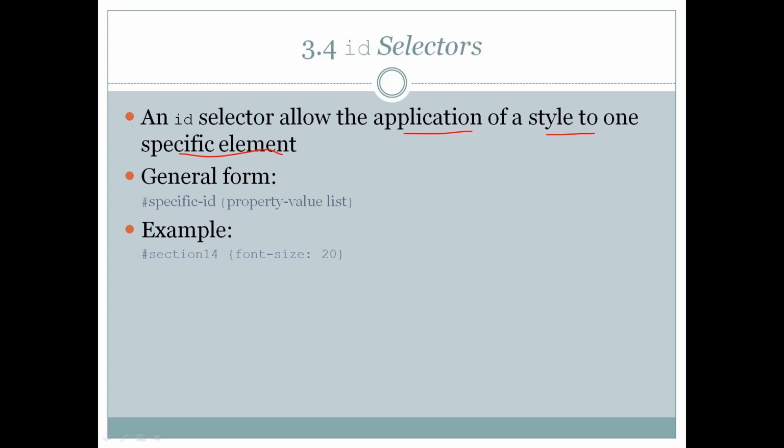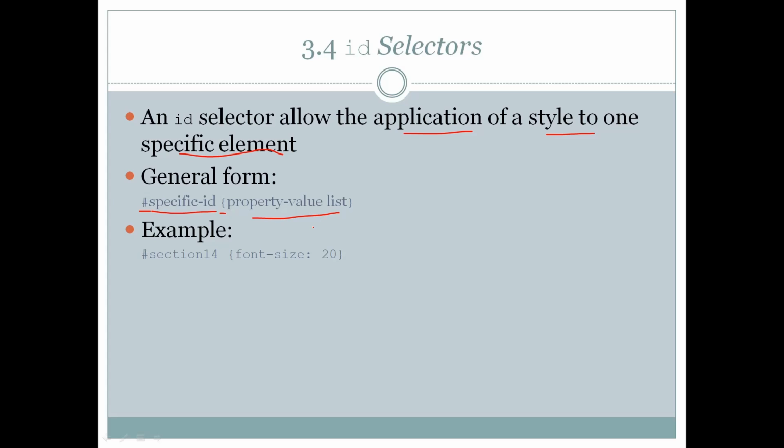Now the general form of an ID selector is like this: specified ID, and then in curly brackets we have properties and values. Before the specified ID we have a hash symbol. So whenever you use an ID selector, it starts with a hash symbol, then the specific ID which appears in the HTML document.